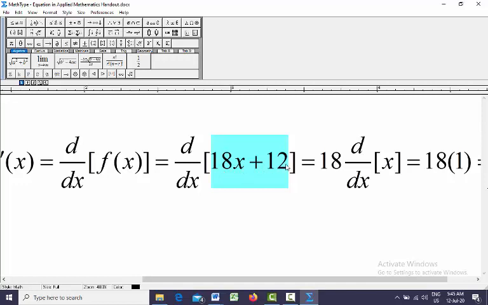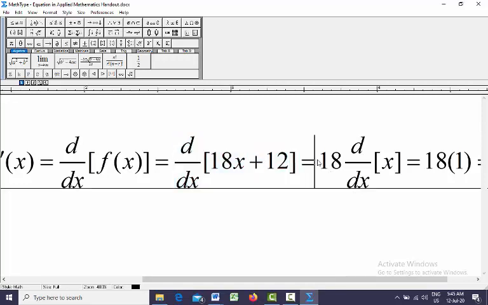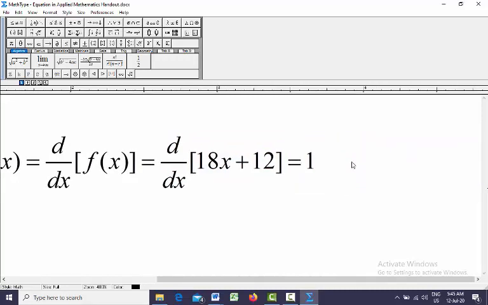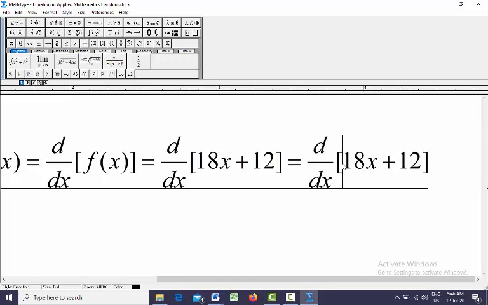So similarly, what do you have to do now? You have to separate each part. As I said before, there is a plus inside the function, so you need to separate each part.